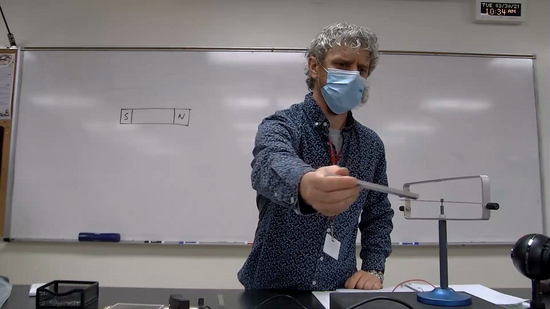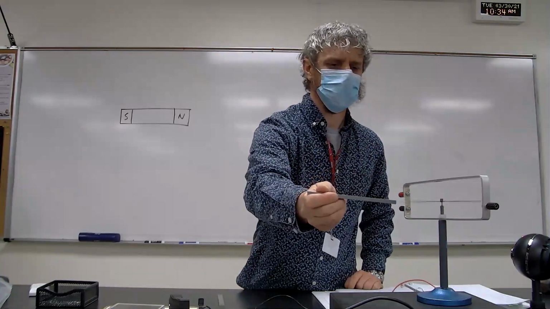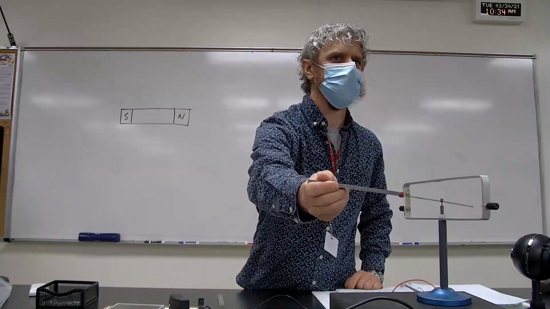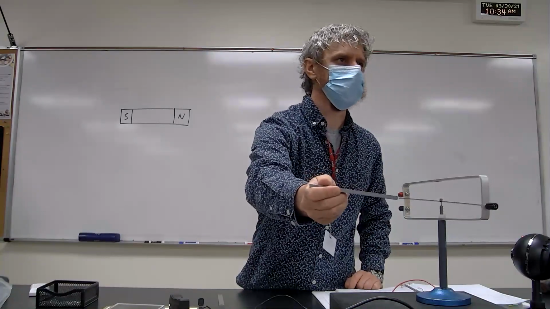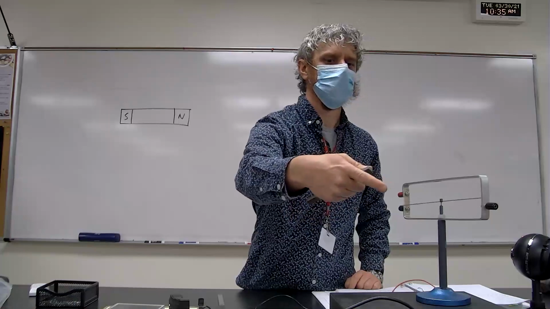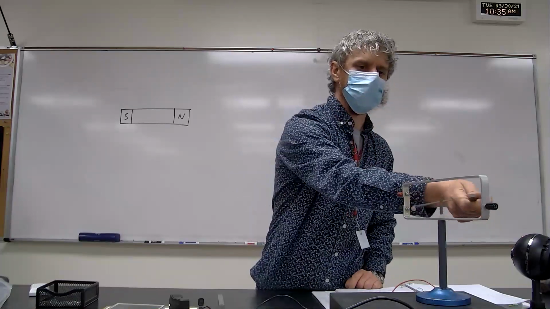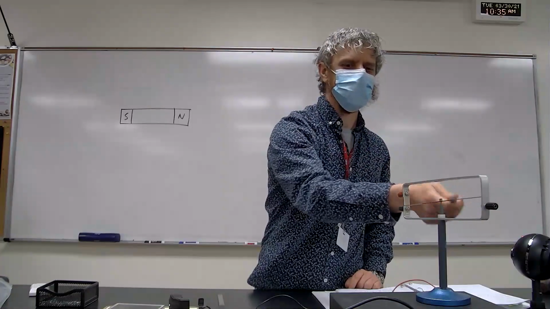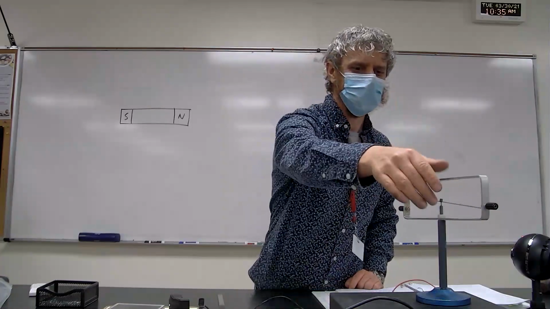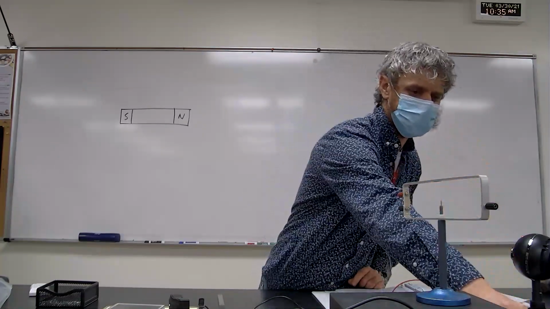The South Pole of my permanent magnet attracts the North Pole of the compass needle. Okay, I think this is too strong, actually. It's just inducing the magnetism in the needle. I hope I didn't ruin it.